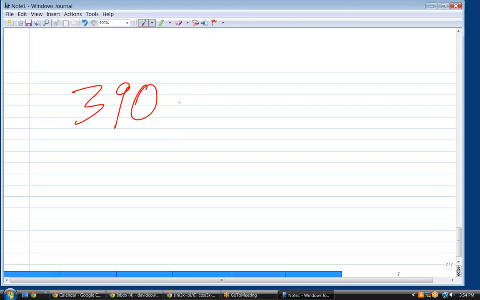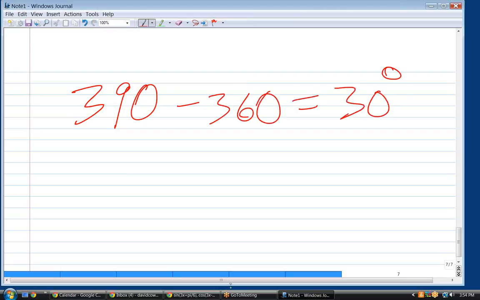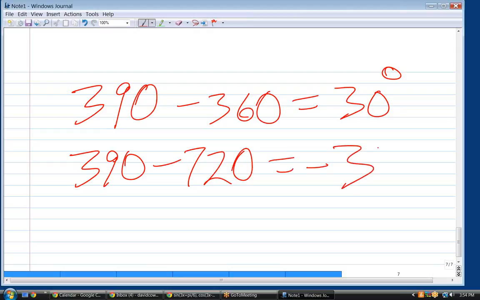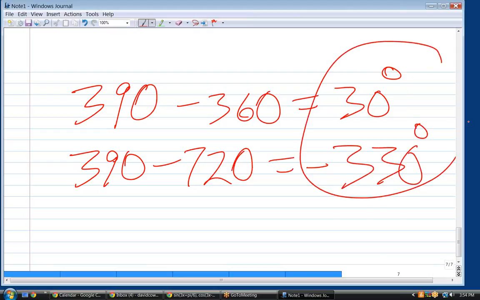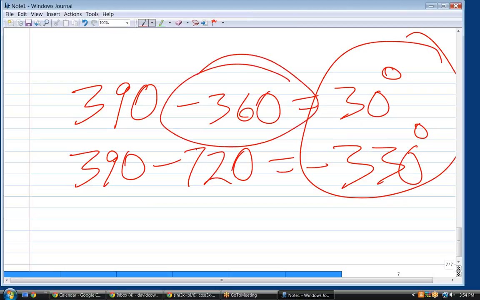Well, I would subtract 360 and get 30, and then subtract 360 again and get a negative. There's your two answers. So it isn't always adding or subtracting 360 once. It's getting it inside the unit circle with a positive and a negative sign. Notice both of these angles are inside the unit circle. One's positive, one's negative. So however many multiples of 360 you have to subtract or add, you can.